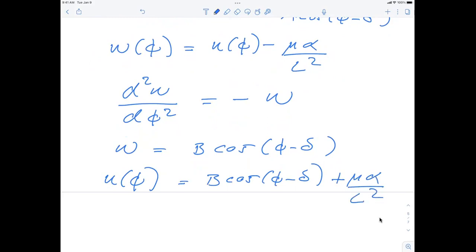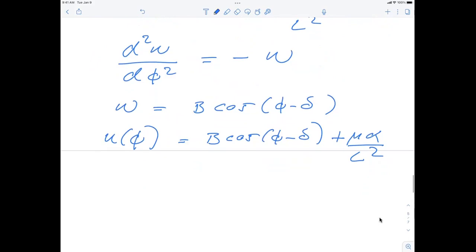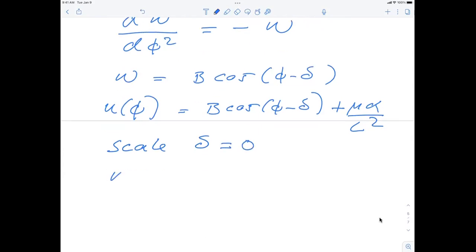Now we can always scale these equations so that delta is equal to 0. And then we have a solution for u of phi, which I'm going to merge into a new constant, which I'm just going to call c. So I'm going to have mu alpha over L squared plus, let's keep this constant b here, times cosine of phi.